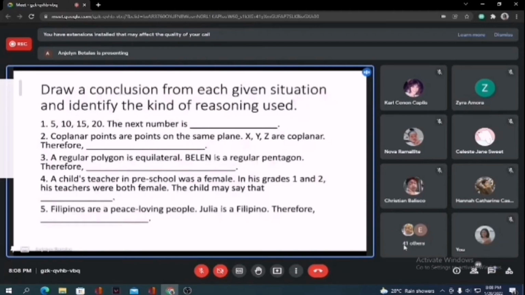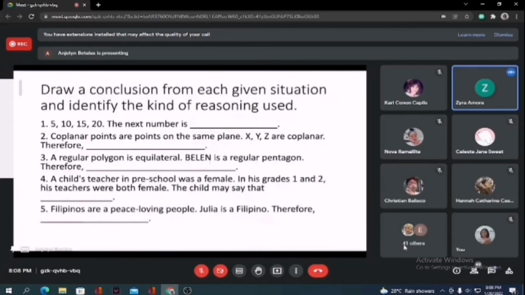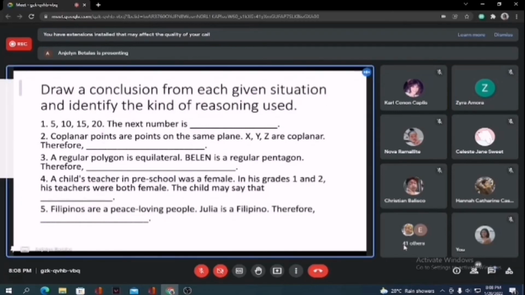So, mo-conclude ka, the next number would be 25. So, ang imong gigamit dira, inductive. Nag-base ka sa pattern. Nangita kang pattern, nag-add siya 5. So, conjecture, you're making a conjecture out of that. So, that's inductive reasoning.